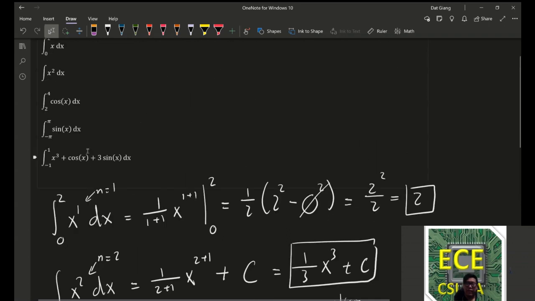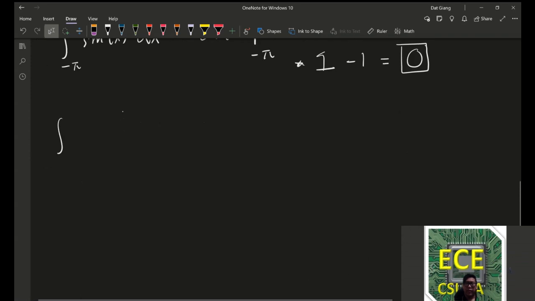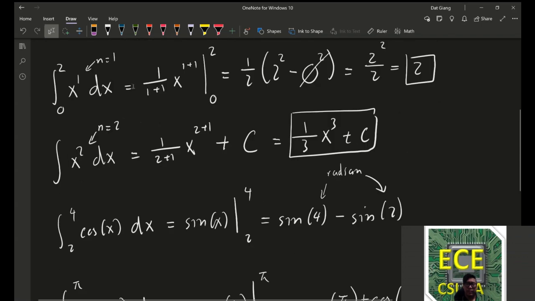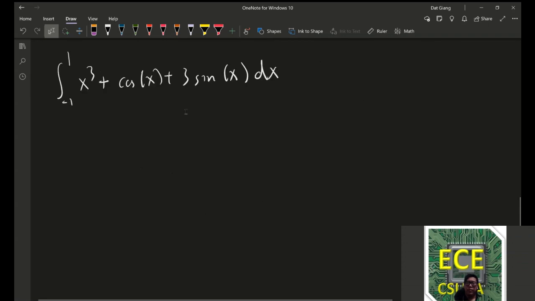Now we have a little bit of a harder problem, which is 3 functions in 1. So we have the integral from negative 1 to 1 of x cubed plus cosine of x plus 3 sine of x. The way we do this problem is by breaking it up into 3 different integrals and adding them all together.